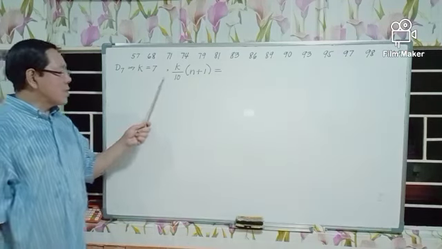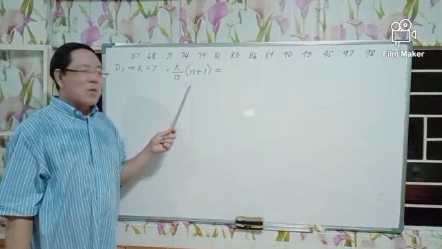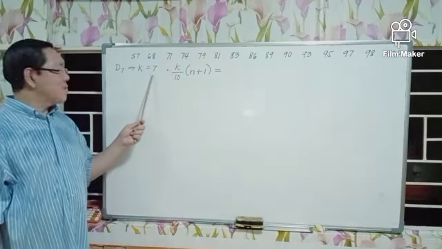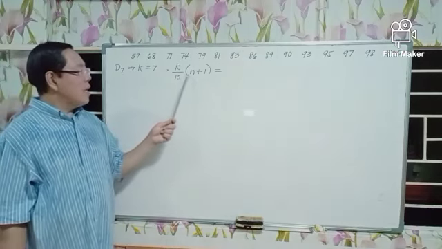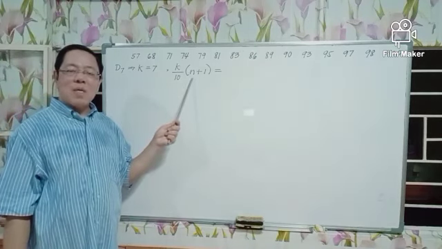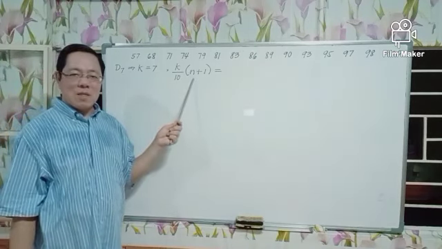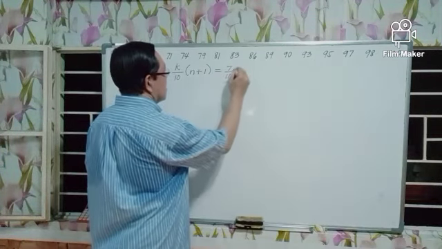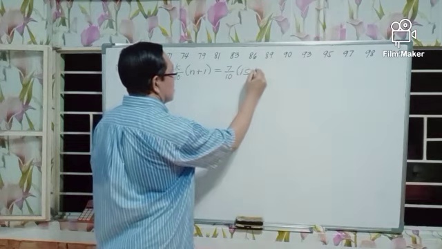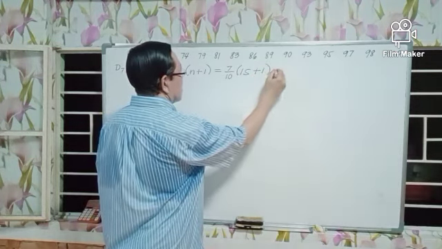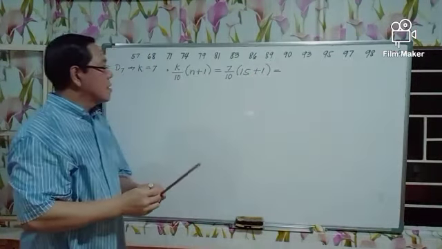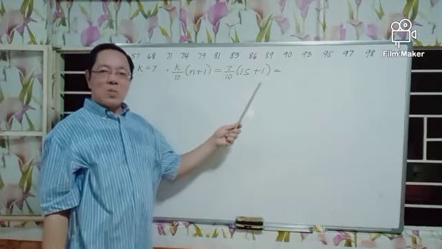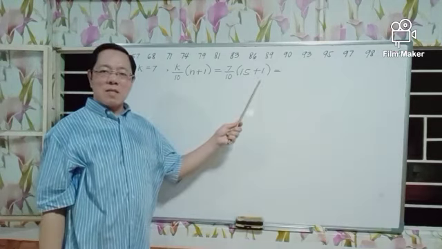And we compute k over 10 multiplied by quantity n plus 1, where k now is 7 for the 7th decile, and n is the same, equal to 15. We have 7 over 10 multiplied by 15 plus 1. 15 plus 1 is 16.